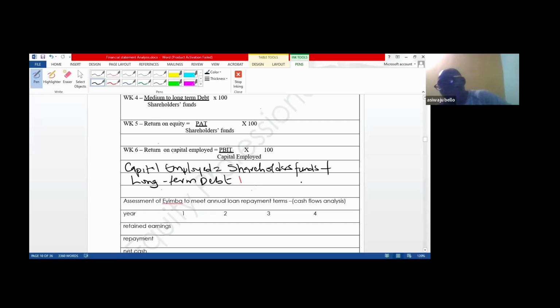Both shareholders' funds and long-term debt are categorized as long-term capital. Is that clear, please?